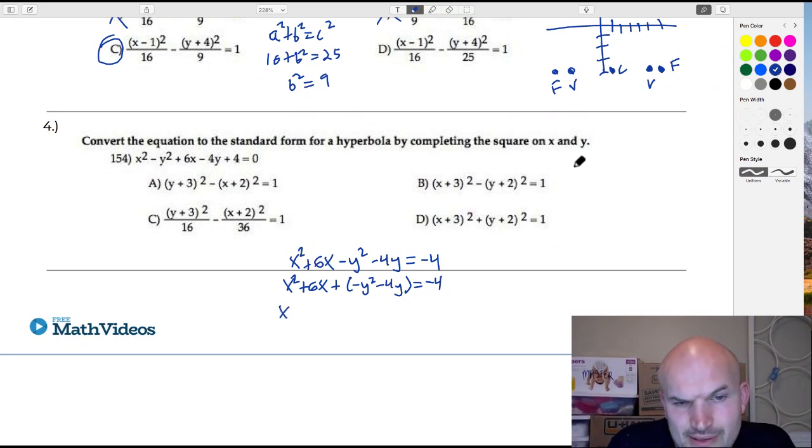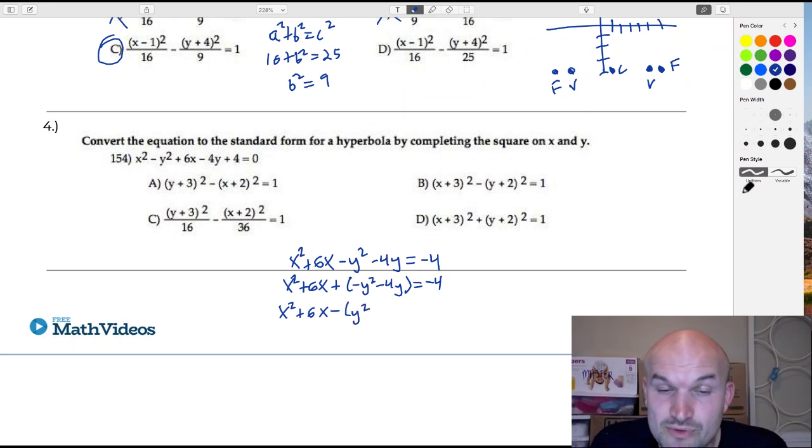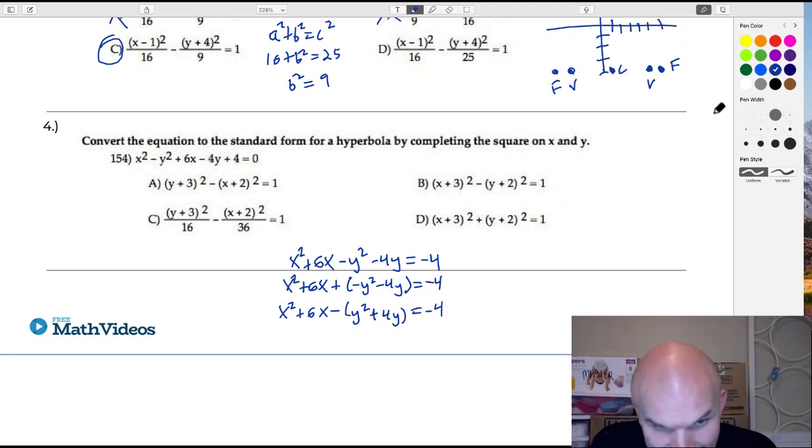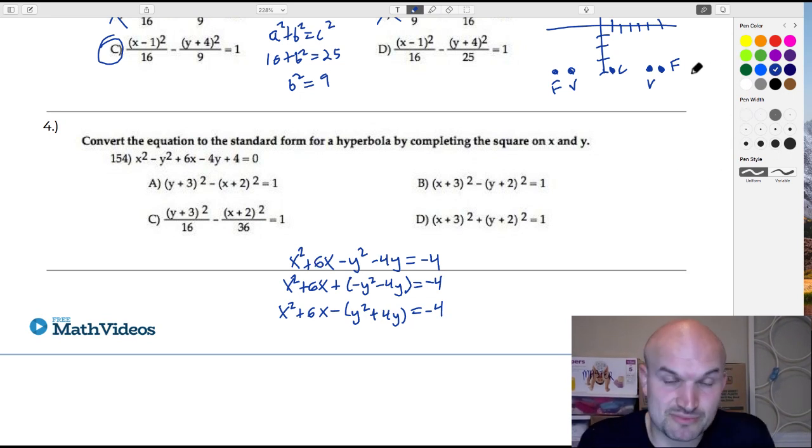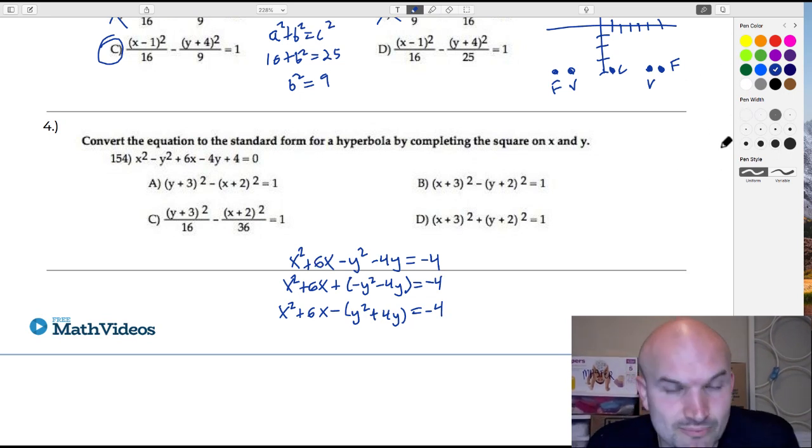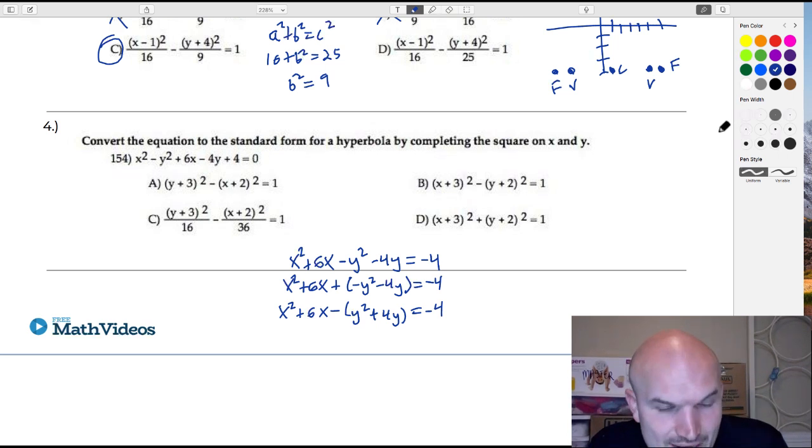So you might be looking at me like, why are you going through all of this work just to factor that out? Well, again, remember when you're completing the square, the A for each of your quadratics needs to be 1. So this negative doesn't work. Now, again, when you distribute that negative back through, are you going to get back this original problem? Yes. But now you can go ahead and complete the square because previously you couldn't complete the square with that negative, so you had to factor that out.